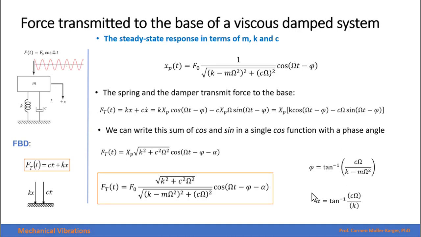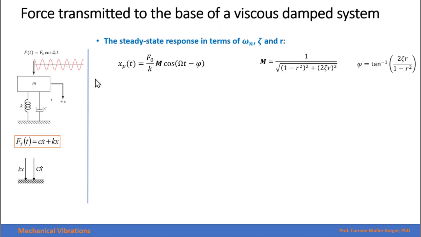The phase angle alpha has this form over here, and if we introduce the value for the amplitude of the response, which is F sub 0 times 1 over the square root of (k minus m omega squared) all squared, plus (c omega) all squared, we have this expression for the force transmitted to the base.